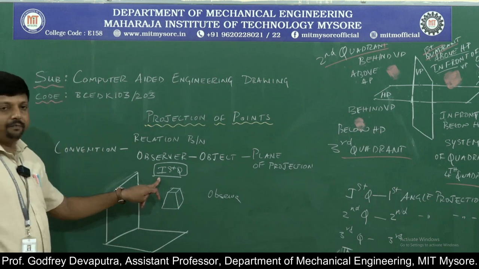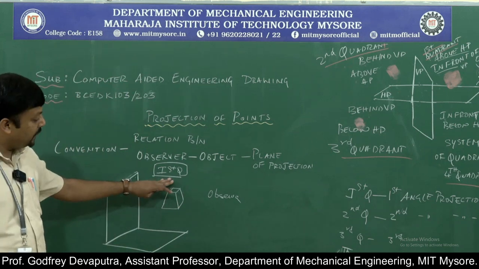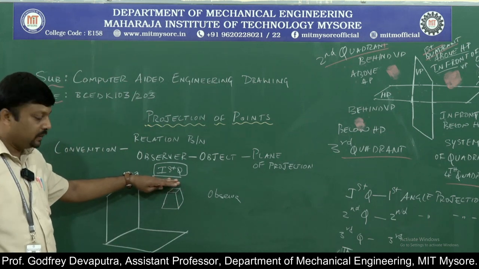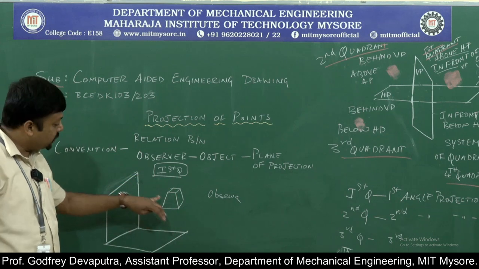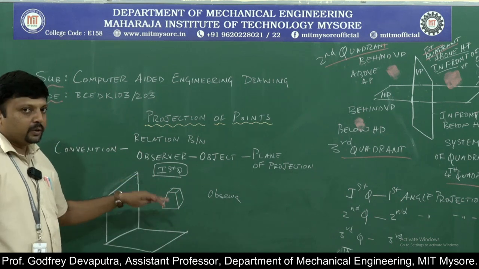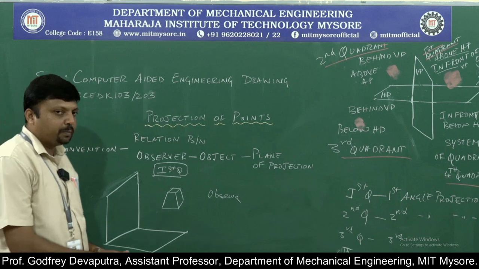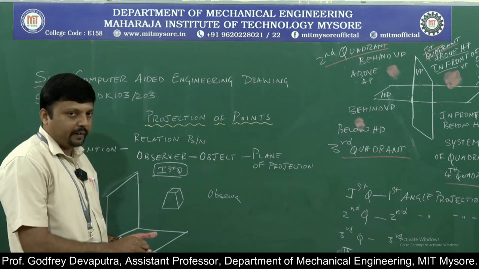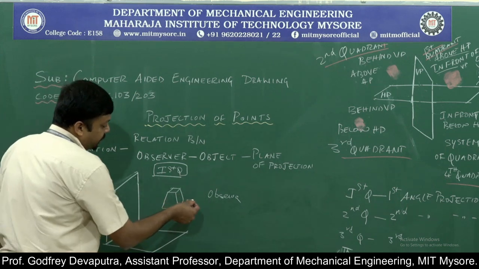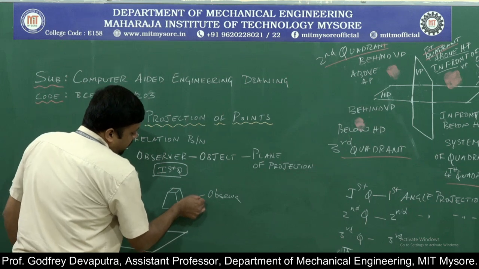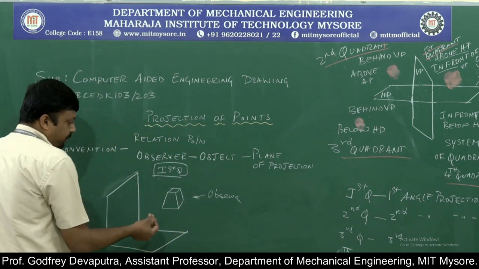I am referring to the first quadrant right now. So when I say that this is the first quadrant and there is an object, now we are supposed to draw the views. So we basically start with the two principal views called as the front view and the top view. So front view is basically when the observer is available here, obviously it is fixed.